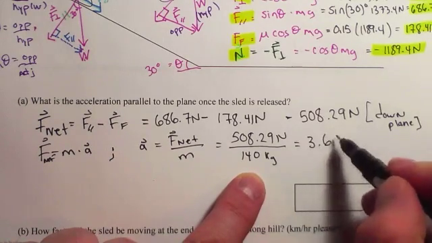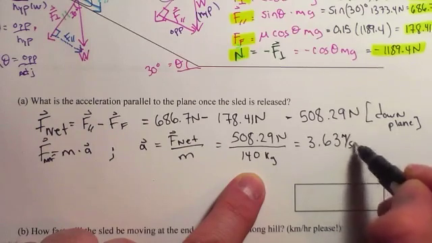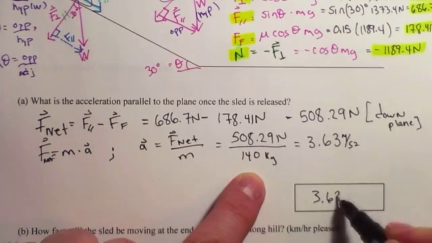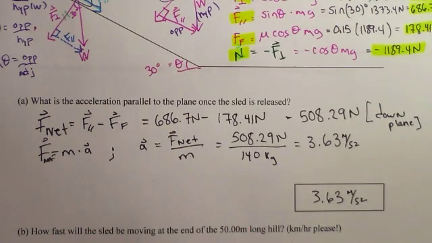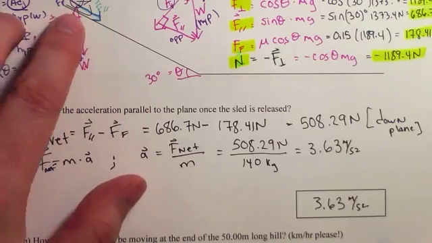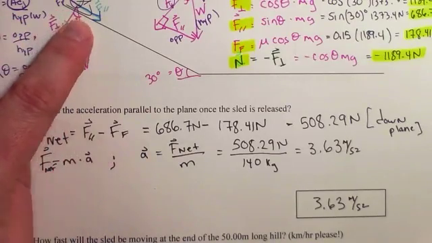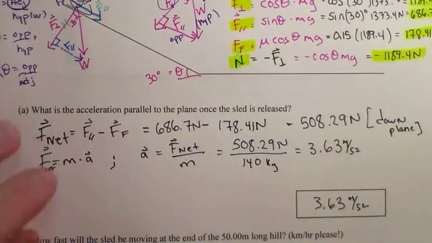Equals 3.63 meters per second squared. So now we know the acceleration of the sled as it starts to move down the inclined plane, and we hope that's going to be constant acceleration. We're assuming the force of friction does not change.